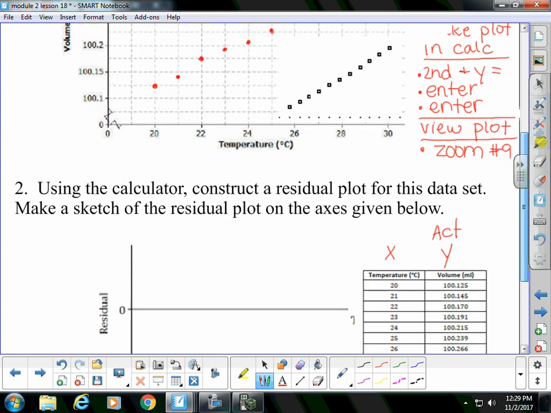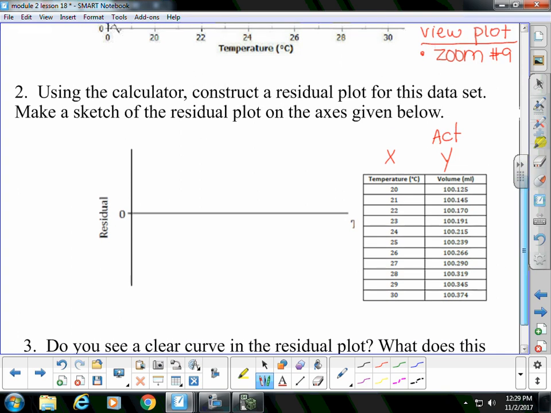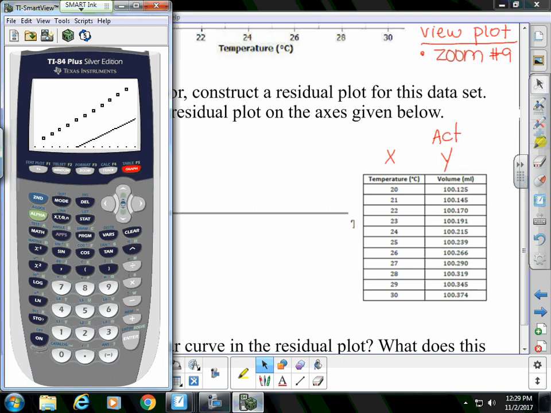Okay, so let's find out our residuals. So to find our residuals, we need to plug into our equation. So let's take the 20 through 30 and plug in. And I'm going to show you how to do that fast. So since I already have the equation here, the 0.20x plus 99.6, there's actually a table in the graphing calculator.